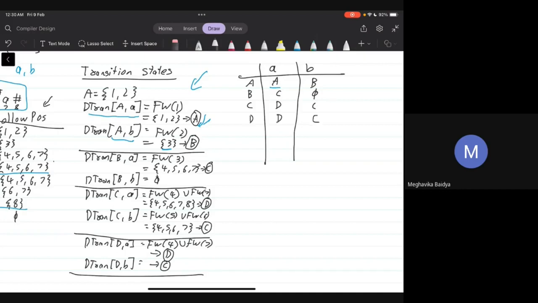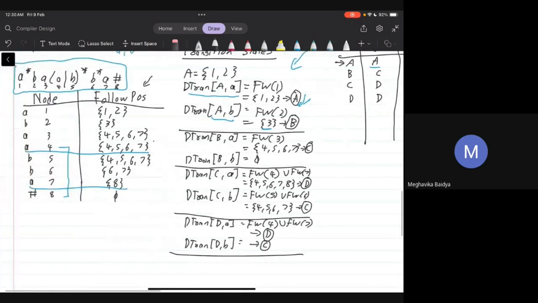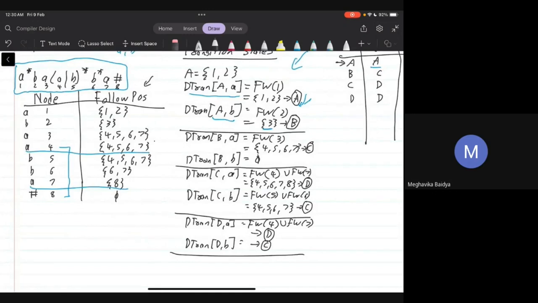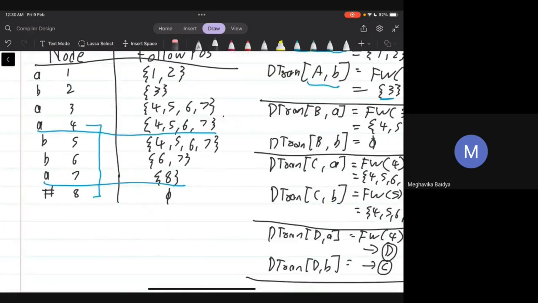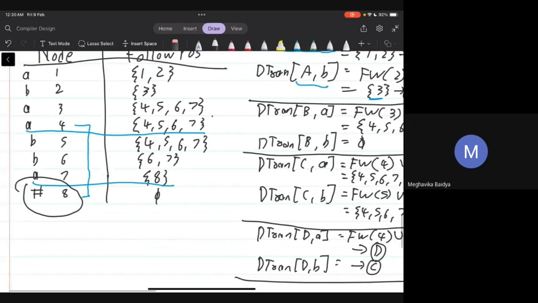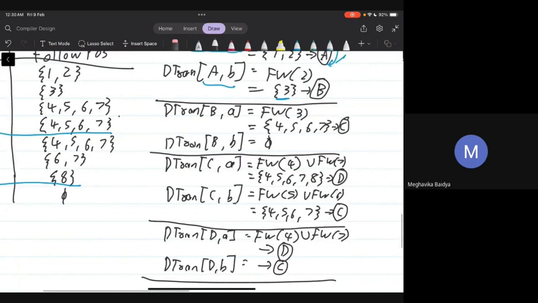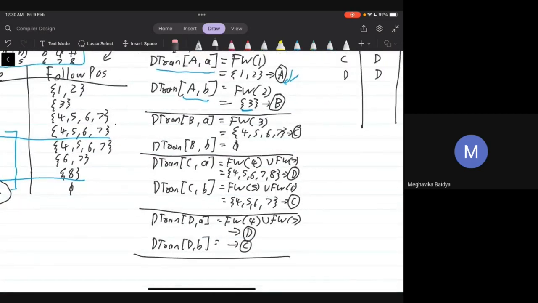Now this is a starting state, so we write this arrow here. And when we come back here, this is a hash, right? Any transition that includes this hash or this 8 means that it is a final state. Is it possible that there can be more than one final state? Yes, yes.